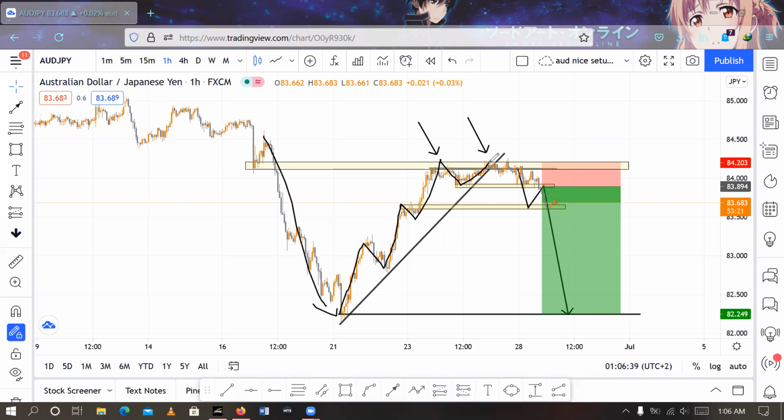The market then formed this level here, where we can see that our most recent level is this one here, right? What we were waiting for is for the market to break this level here, right?